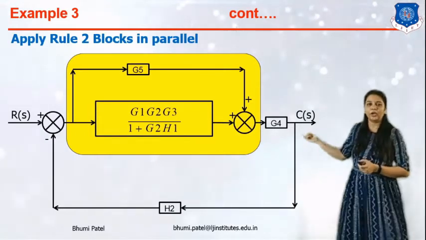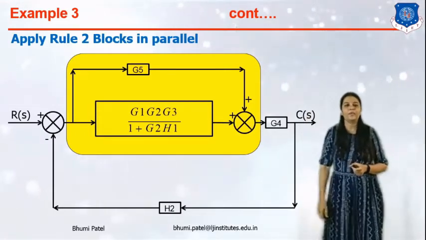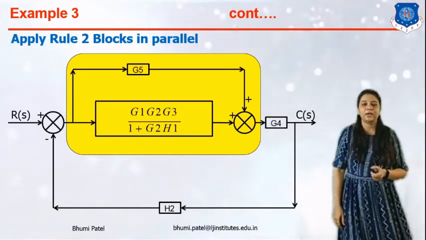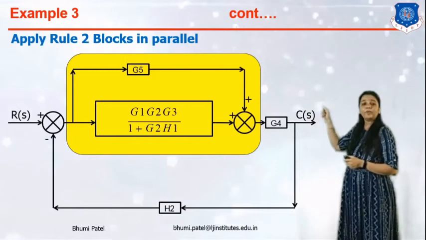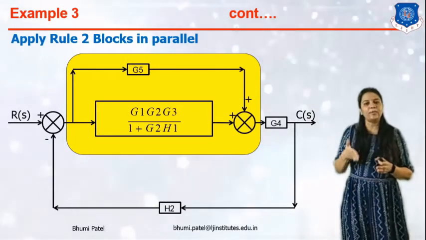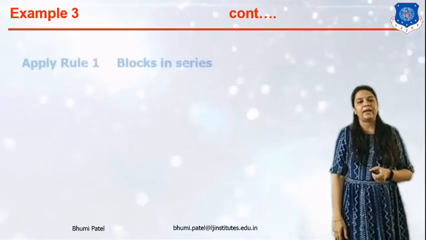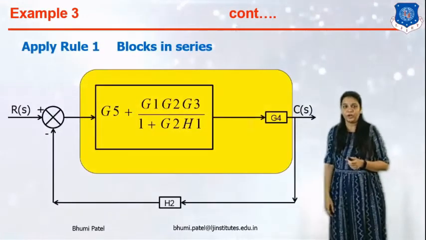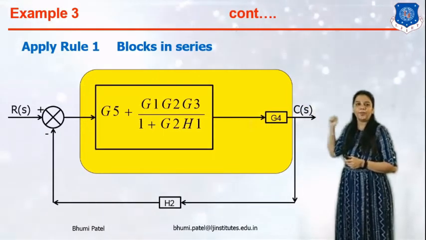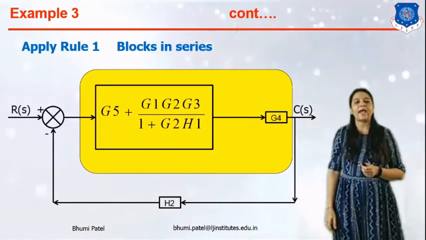For this particular case, we can apply rule number 2, blocks in parallel connection. And here the sign of these two blocks is positive. So simply we can add these blocks and we can get this type of block, G5 plus G1 G2 G3 upon 1 plus G2 H1.